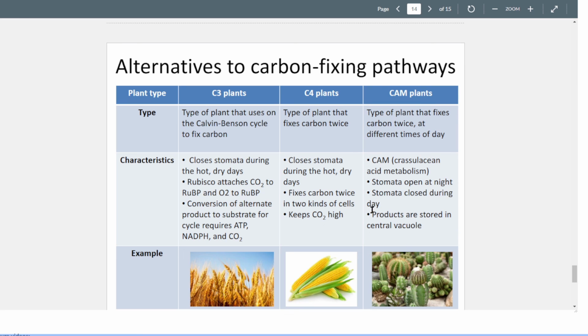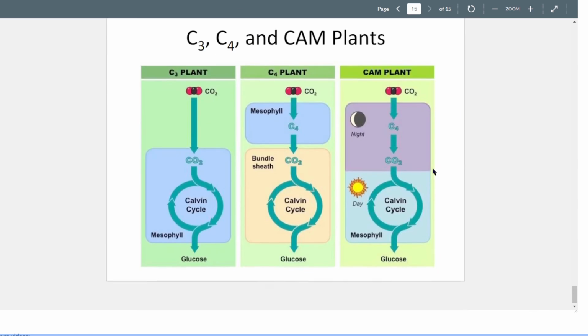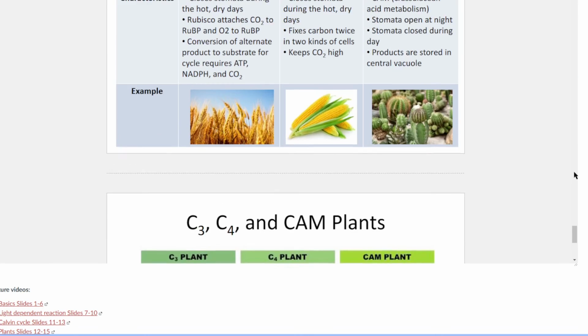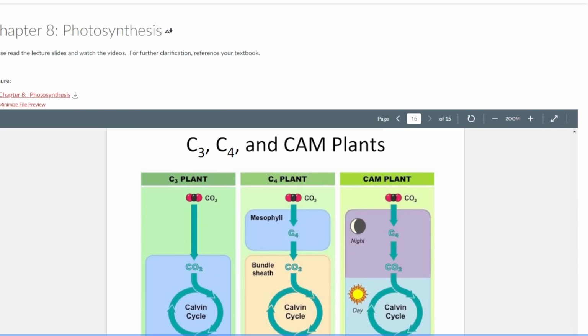Here's the difference. At night, there's carbon fixation. At day, the Calvin cycle. In C3, this happens all at once, and this is just Calvin cycle. We're done.